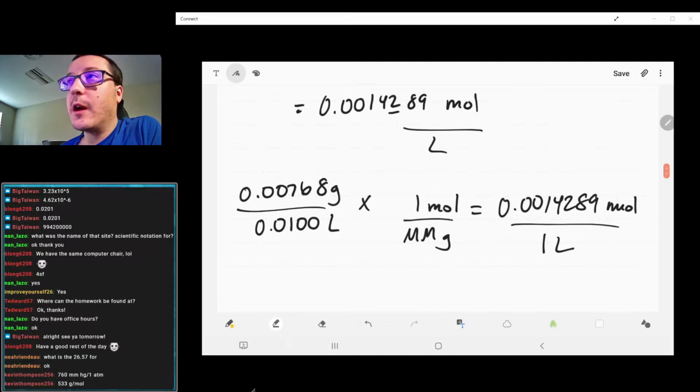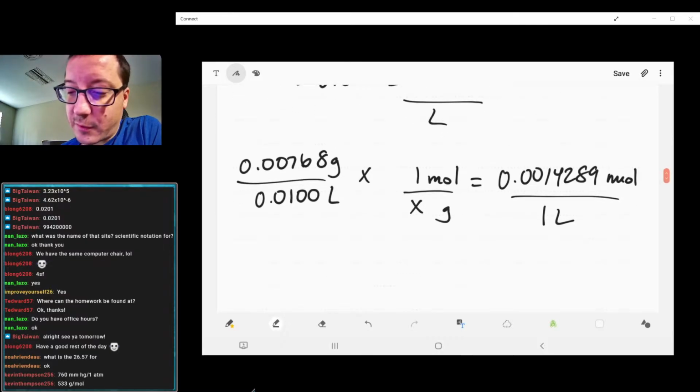And so we can go ahead and figure this out. This is kind of a really precarious way of doing this because we have 1 over x as our thing. So we can just rearrange this. I'm going to put x there because we like x. So doing all this fun stuff, we can multiply both sides by 0.01 liters.